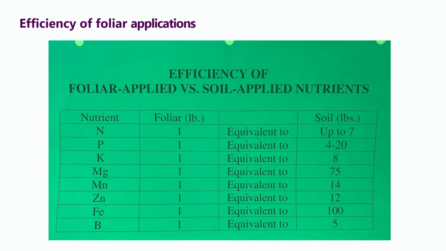This is research that was conducted at UC Davis. This is a summary paper that was handed out at one of our events of the efficiency and the effectiveness of foliar-applied versus soil-applied nutrients. I included this because of the nitrogen number. Their research indicated that 1 pound of foliar-applied nitrogen was the equivalent of 7 pounds of nitrogen applied to the soil.